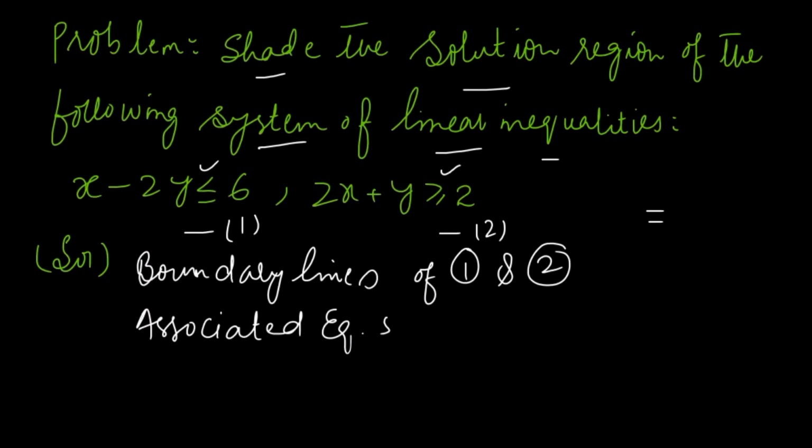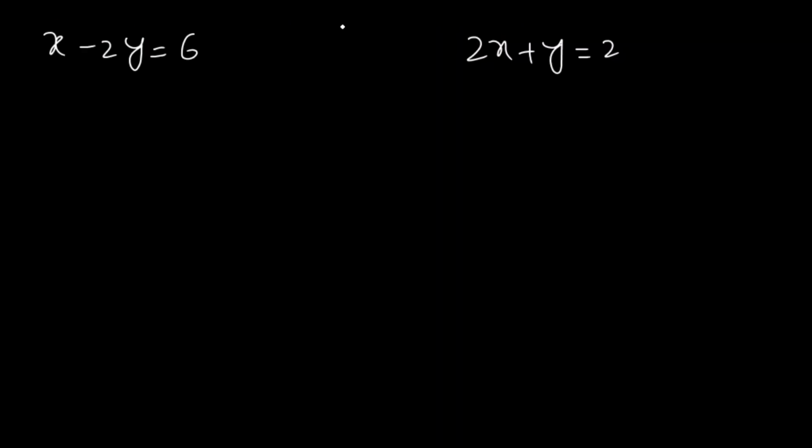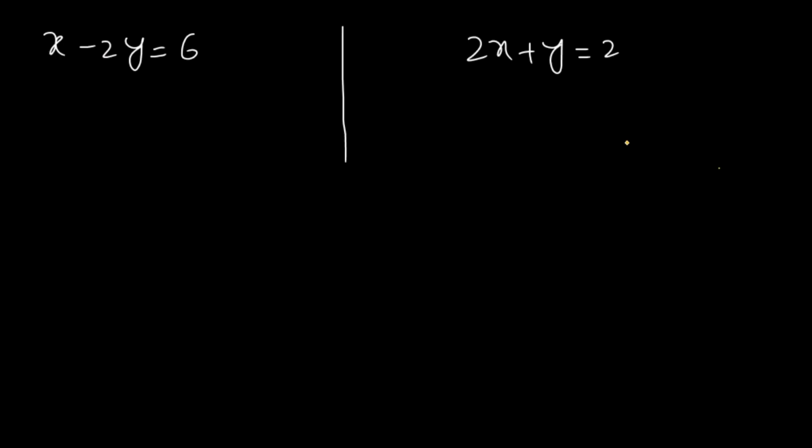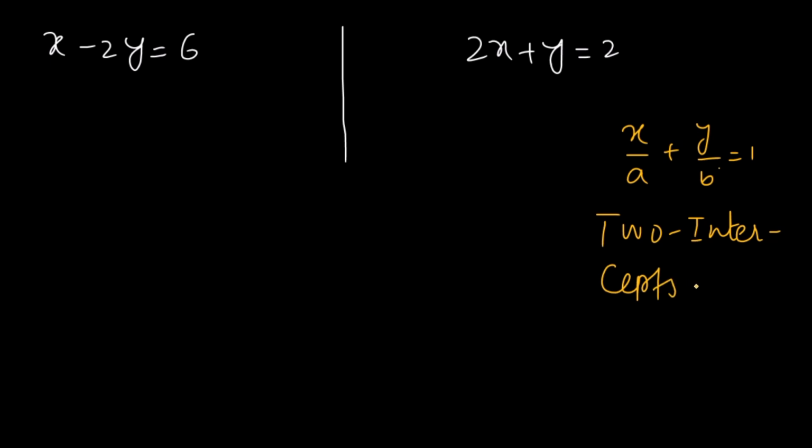Okay. Next, we convert these two boundary lines into two-intercept form. We know that an equation of the form x over a plus y over b is equal to 1 is called the two-intercept form of a line.